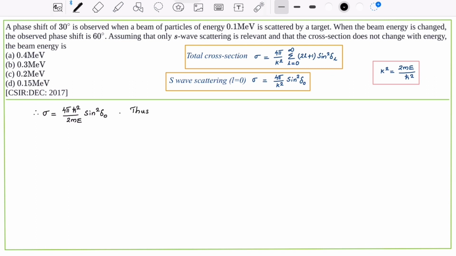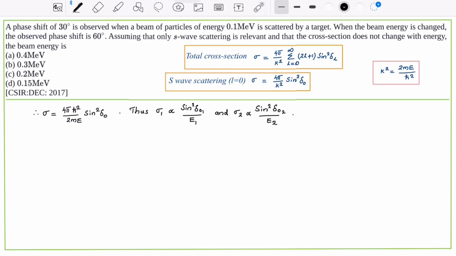Thus, we can say that depending upon the value of E and the phase shift, we have different values of the cross section. Hence, sigma 1 is proportional to sine square delta 01 by E1, and we can write sigma 2 is proportional to sine square delta 02 by E2.